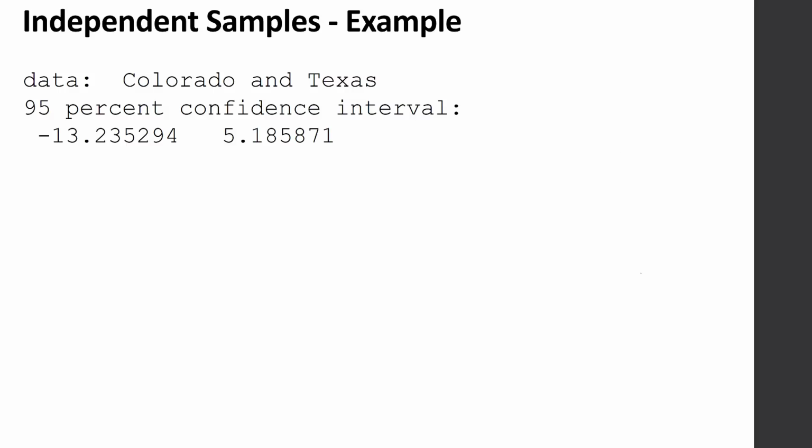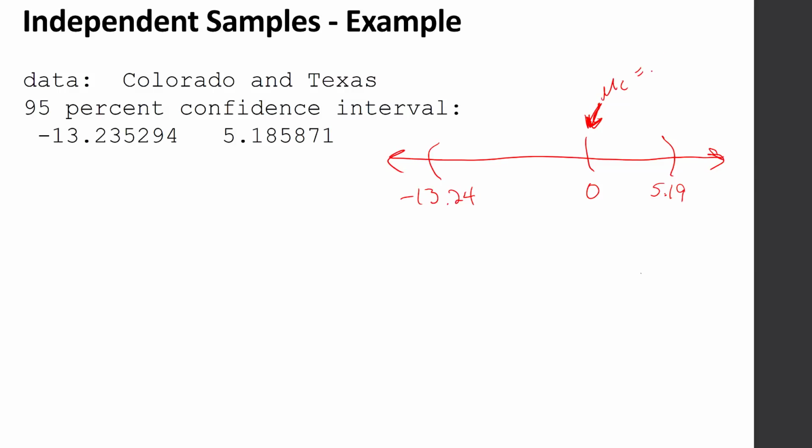If we think about putting these possible values for the difference on a real number line, we've got it going all the way up to 5.19 and all the way down to negative 13.24. Okay? So if the difference was 0, then mu c equals mu t.